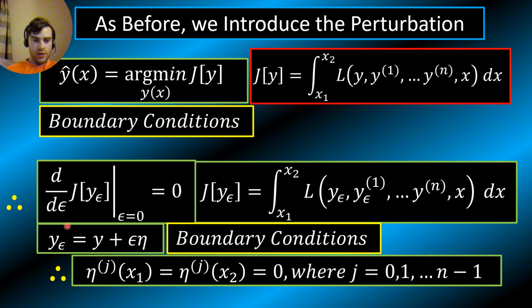This perturbation is y sub epsilon equals y plus epsilon eta, just as last time, except this time, since we have more boundary conditions, the jth derivative of eta with respect to x at x1 is equal to the jth derivative of eta at x2, which is equal to 0, where j is 0, 1, all the way to n minus 1.